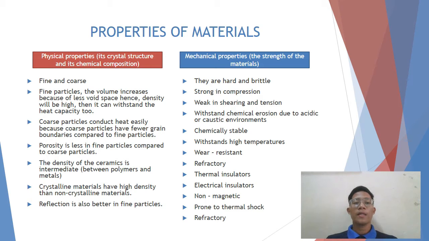Fine particles are present in a given ceramic, so the volume increases because of less void space, hence density will be high, and it can withstand heat capacity. The mechanical properties are defined as the strength of the ceramic materials.